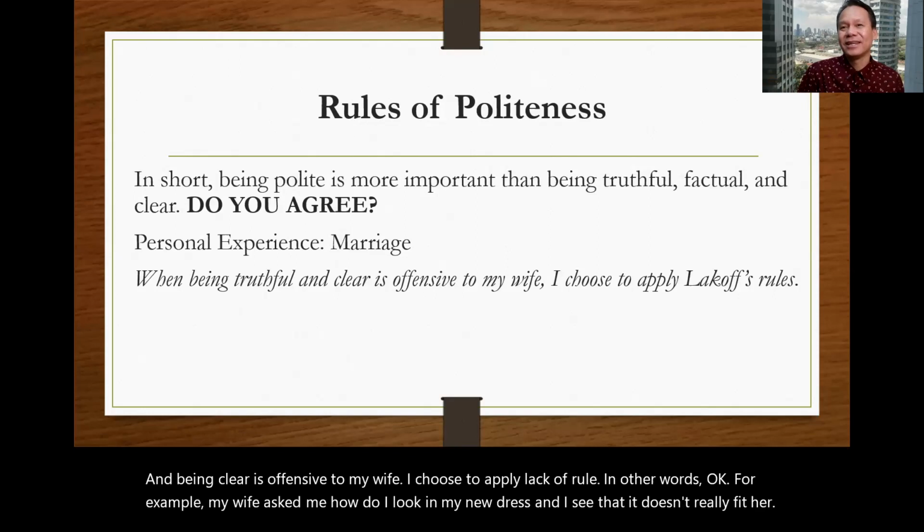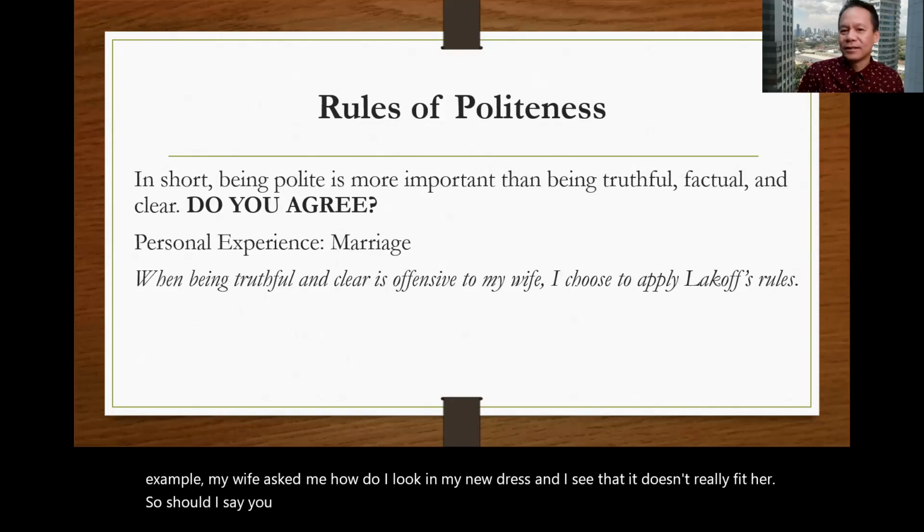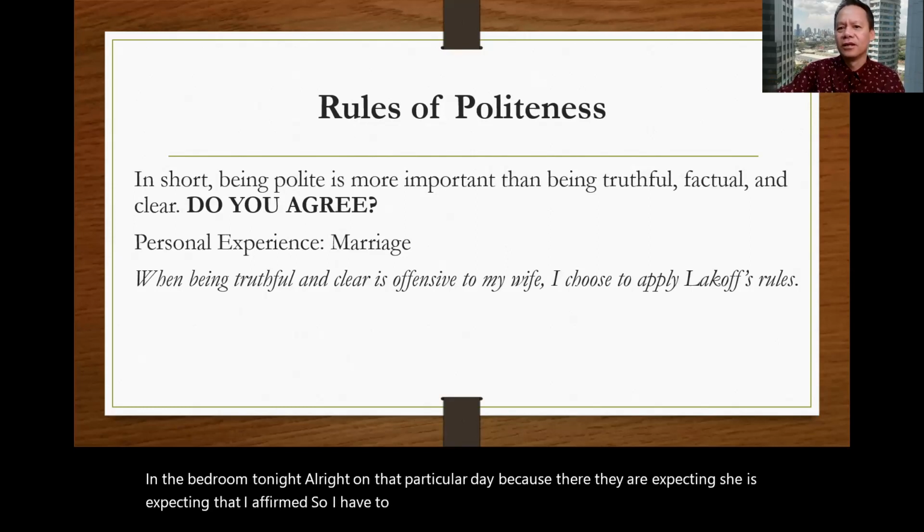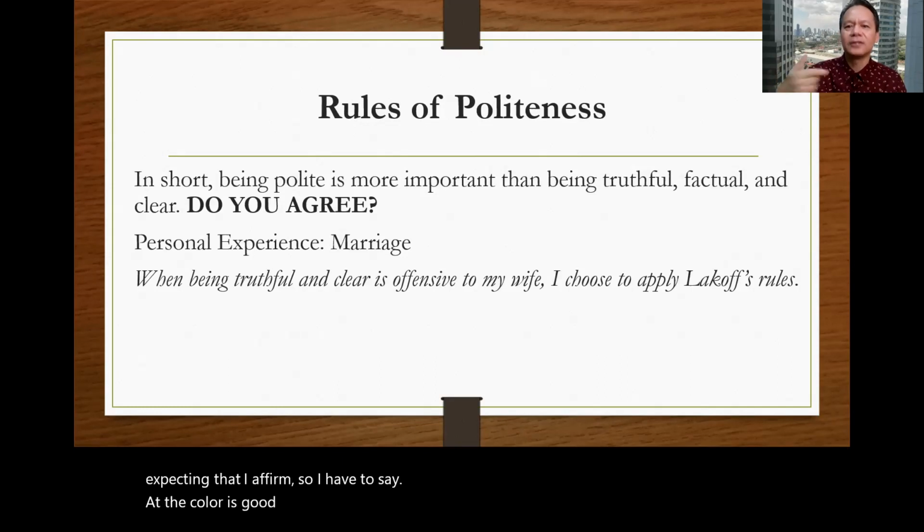So should I say, you don't look good in it? No, I won't be able to sleep in the bedroom tonight, on that particular day, because she's expecting that I affirm. So I have to say, the color's good. It's your color.